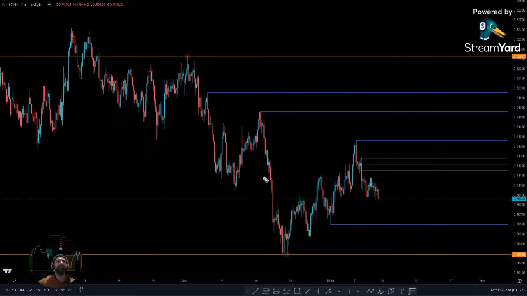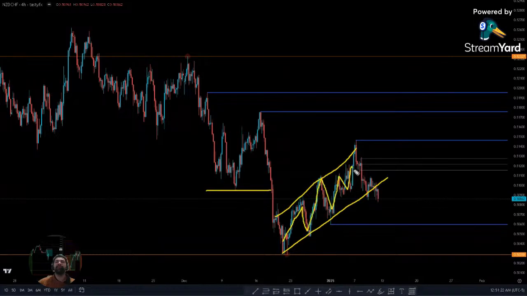Now the USD CHF right here, you see there was a break. This is all a corrective channel right here that is in front of you, and you see each time the prices are going up, but we found a reaction around this neckline, and the prices started coming on the downside.